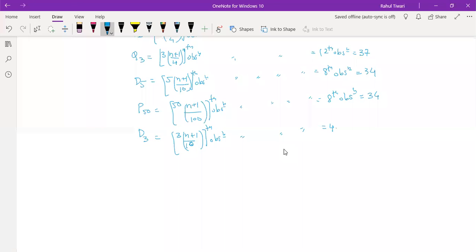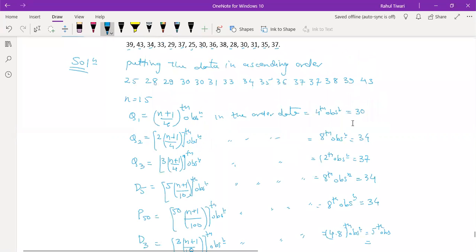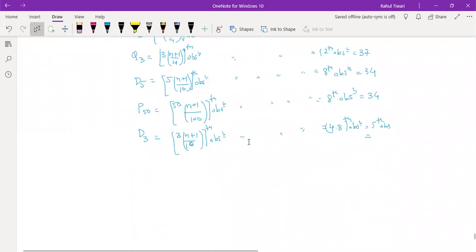4.8 observations. One thing you remember, I think I have already mentioned: when it is more than 4.5, you take the fifth observation. So how much is the fifth observation? The fourth is coming 30, and the fifth is 30 only. So this is going to be 30 only. Whenever it is, let's say, 4.2, then you take the fourth observation.